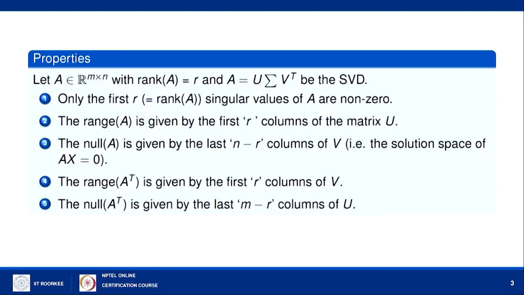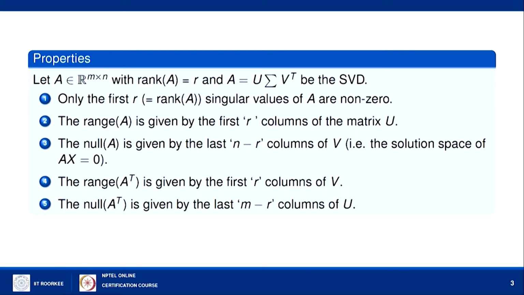Now, we will discuss some of the properties of singular value decomposition. Let A be an m by n real matrix, with rank of A equal to r. Let us consider that the singular value decomposition of A is U sigma V transpose. If the rank of A equals r, then the first r singular values of A will be non-zero.